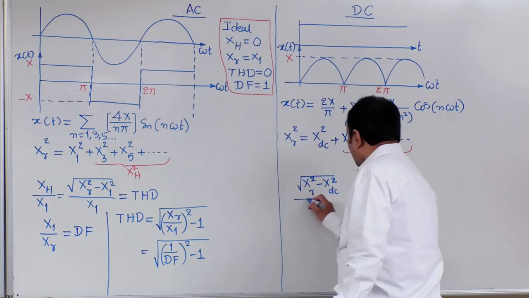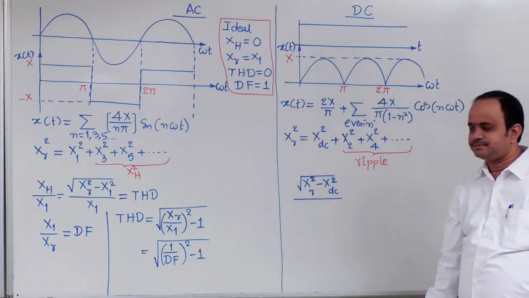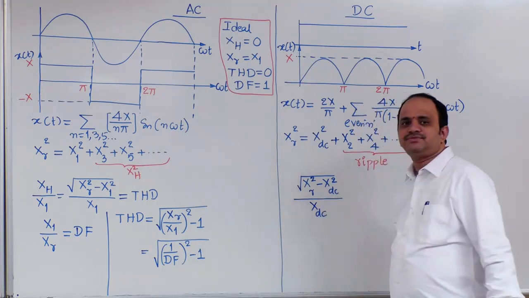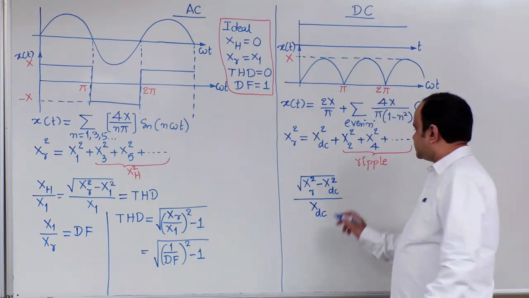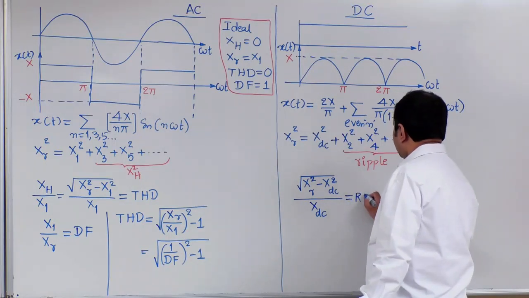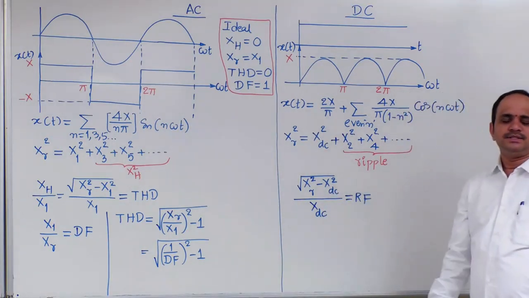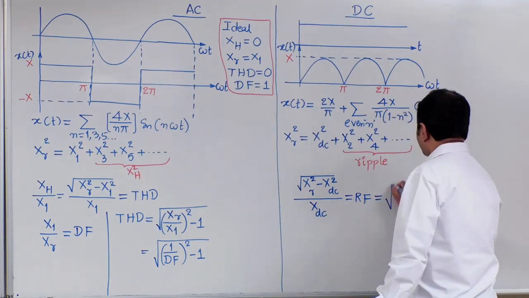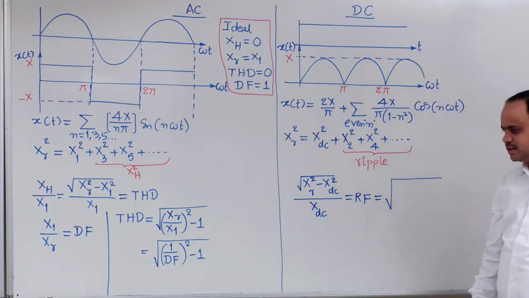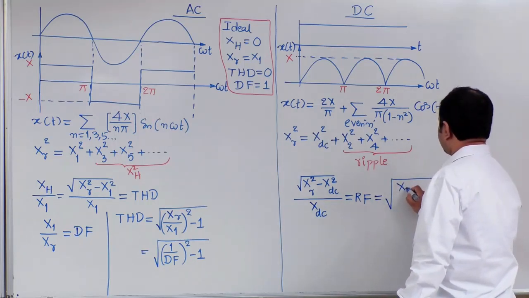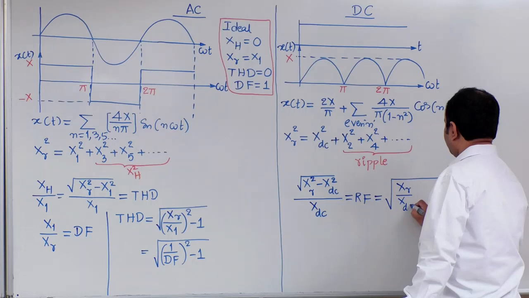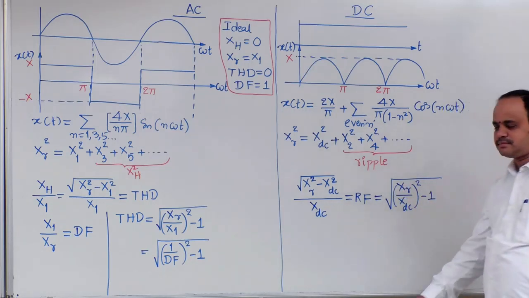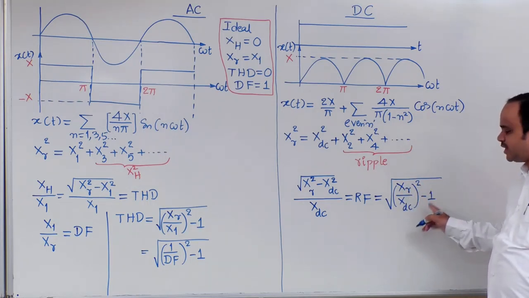If this RMS value of the ripple component is expressed as a ratio of average value, that is DC component, such a ratio is called ripple factor. Now you can also express ripple factor like this, under root of xr divided by xdc whole square minus 1.